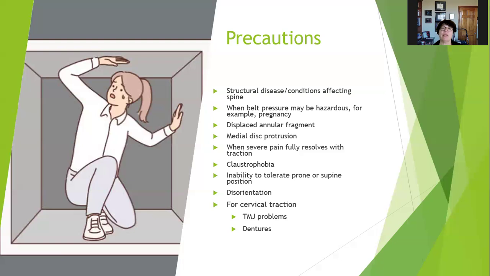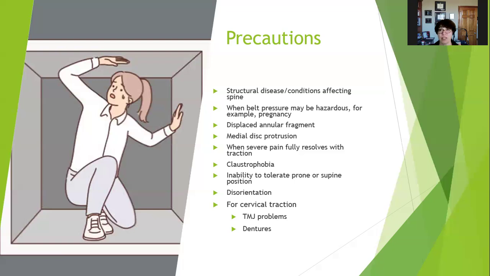Claustrophobia, sometimes if people are claustrophobic, being strapped into belts and attached to a machine is just not comfortable for them. So manual traction might be an option for a person who's claustrophobic if you really want to do traction. Inability to tolerate prone or supine position. So if they can't get in the position you want to do traction in, that will make it very hard to do it.